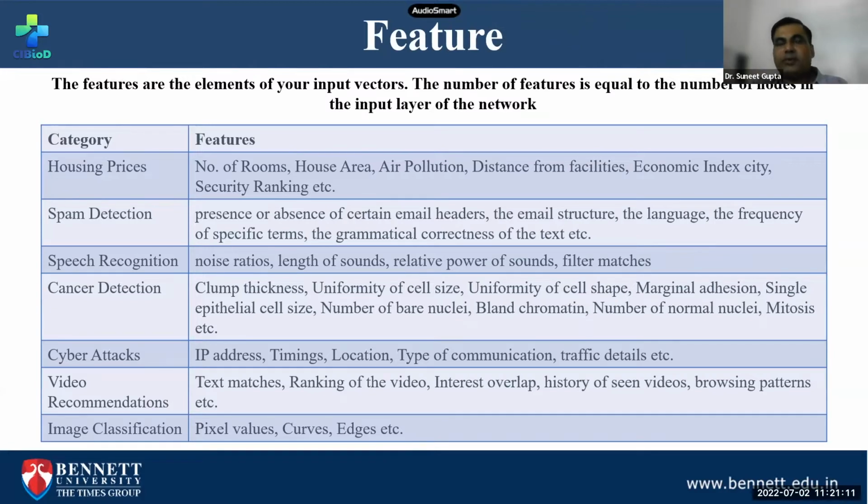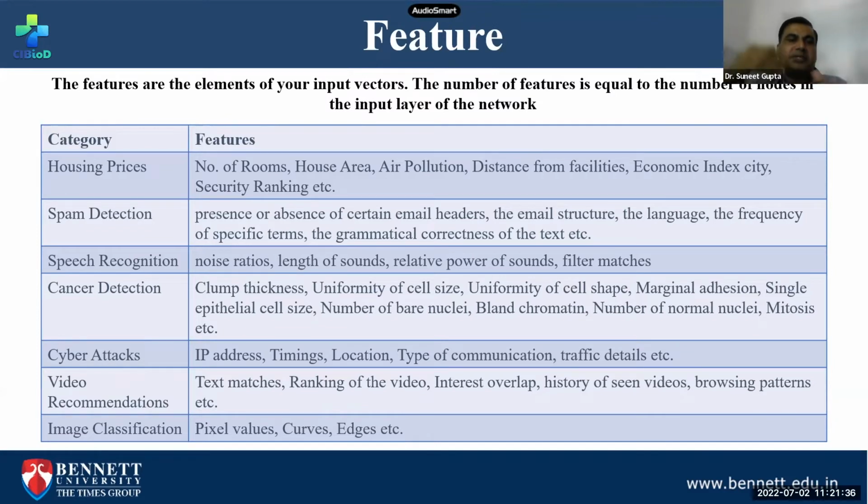I'll take one simple example to relate the features. Let's say we are going to classify an image. If we are going to classify the image, then what kind of features are there in an image? Obviously pixel values, what kind of curves are there, and what kind of edges are there.